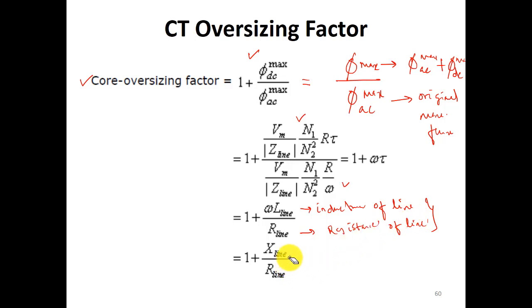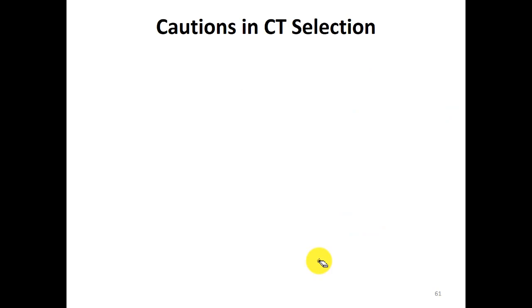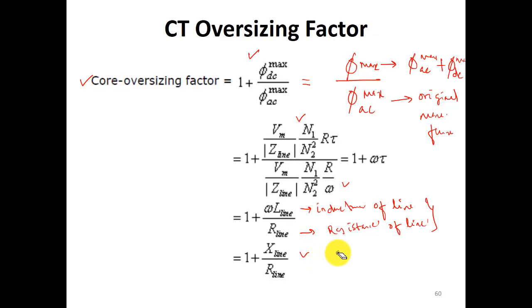If we express it in reactance form, it will become 1 plus X line by R line. So this gives us the oversizing factor.